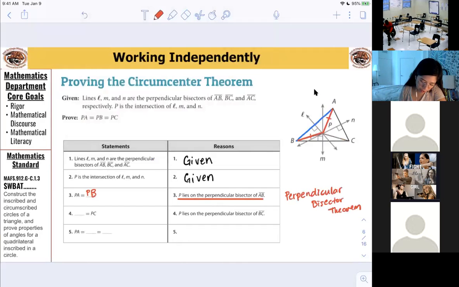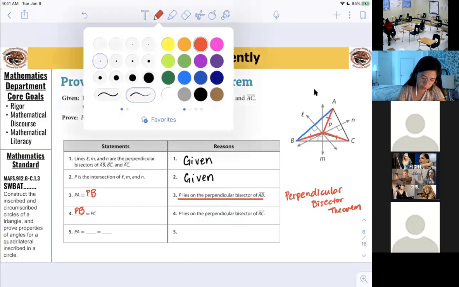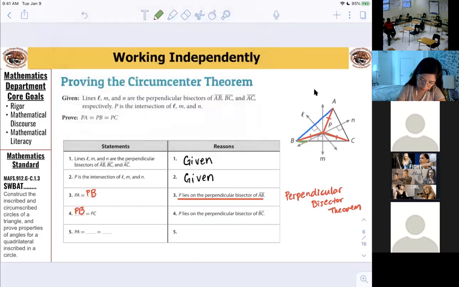Okay, and then look at the reason for the next statement. The reason says P lies on the perpendicular bisector of BC. So what can I fill in if I'm talking about BC? PB. PB equals PC because it is connected to the perpendicular bisector of BC.